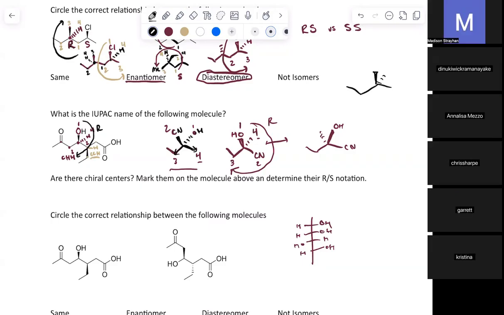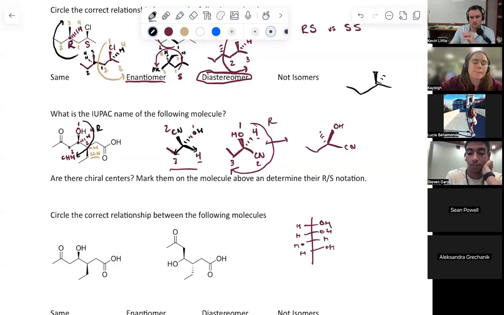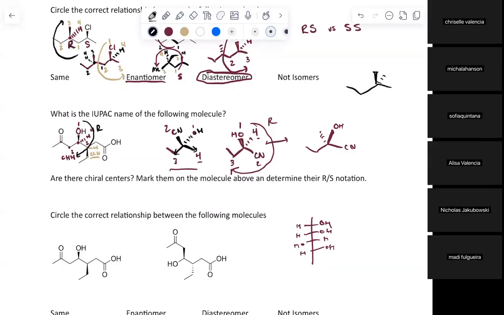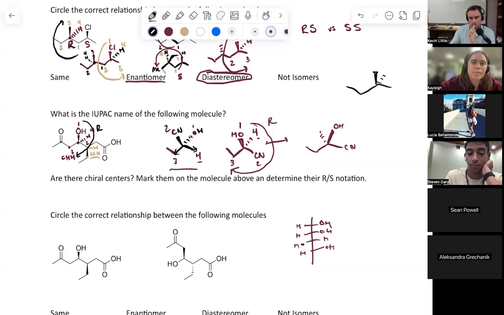Wait, if it doesn't matter if they're on the same side from each other, then wouldn't that mess up the numbering? That's a great question. It's exactly why we need the hydrogen either on a wedge or a dash, because they can switch locations. When we do our R and our S, we only go from 1 to 2 to 3.